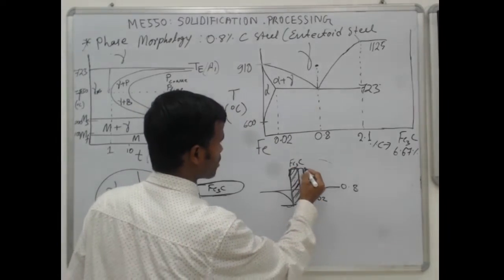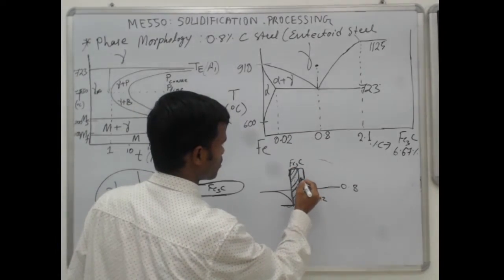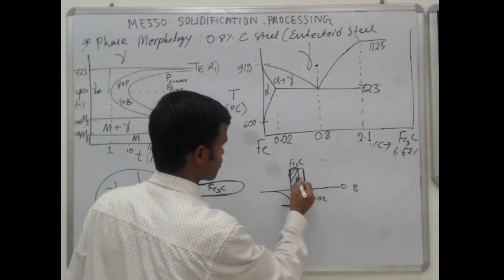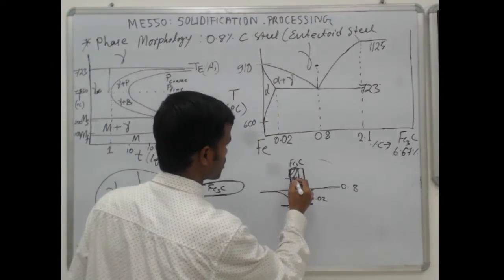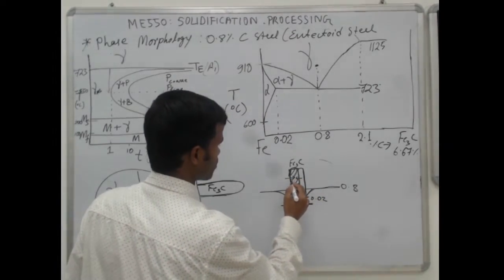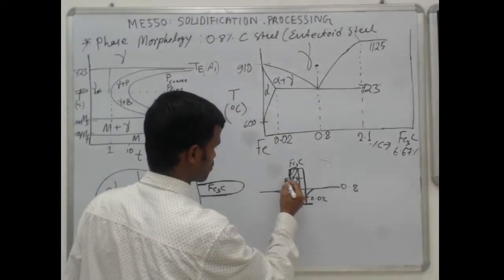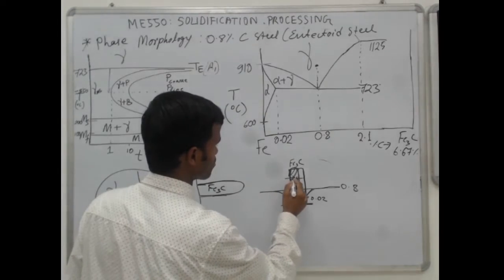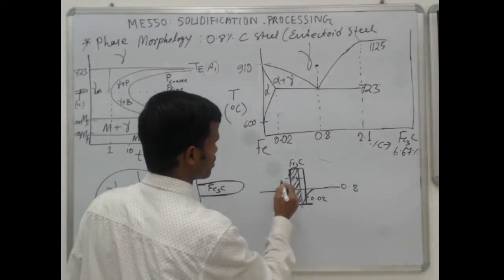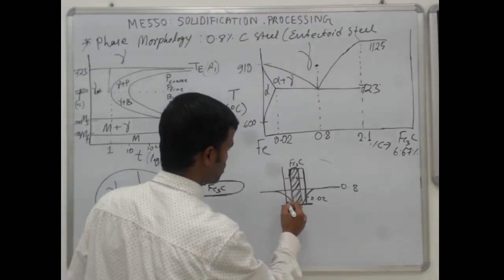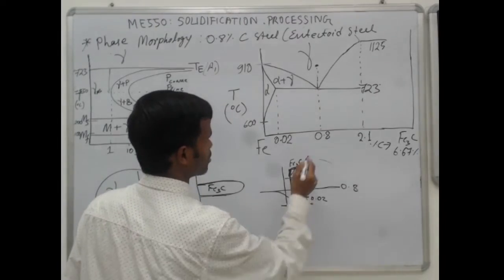The surrounding austenite has given its carbon atoms to the cementite, so its carbon percentage will now be less than 0.8.